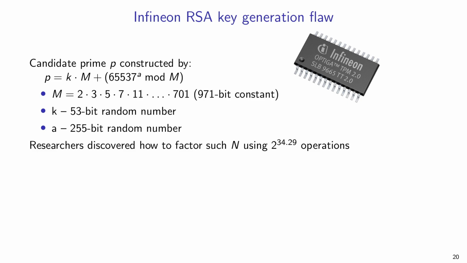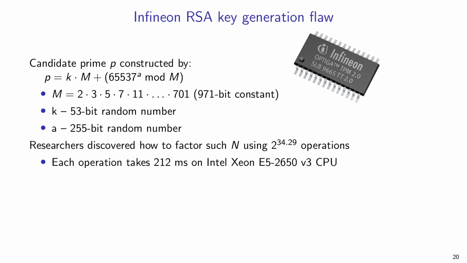However, the researchers discovered that the so-called Coppersmith attack can be applied effectively, allowing factorization of such an RSA modulus using only 2^35 operations, where each operation takes 212 milliseconds on this Intel Xeon CPU.